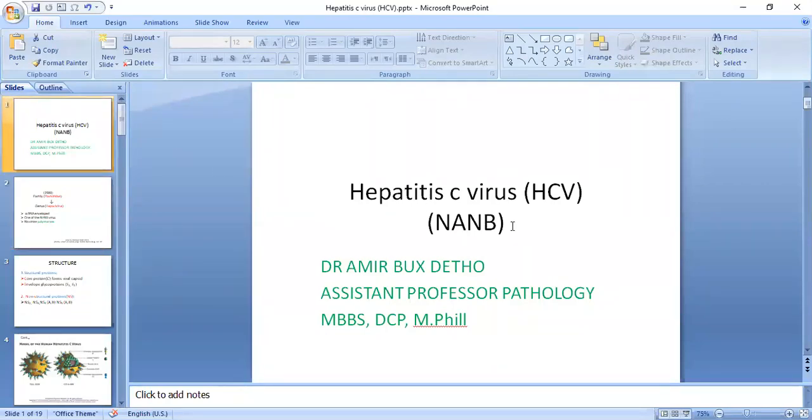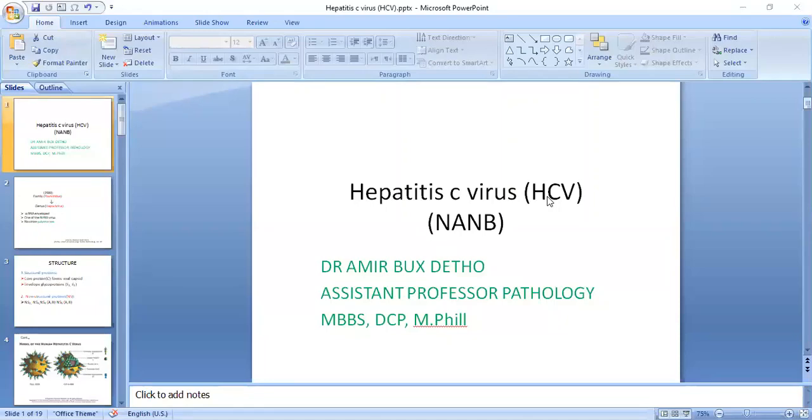This virus previously was known as non-A, non-B, because some of the cases were those in which blood was donated or transfusions were made.